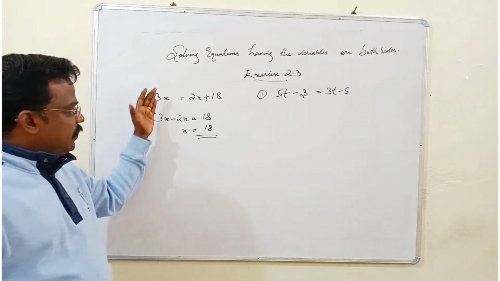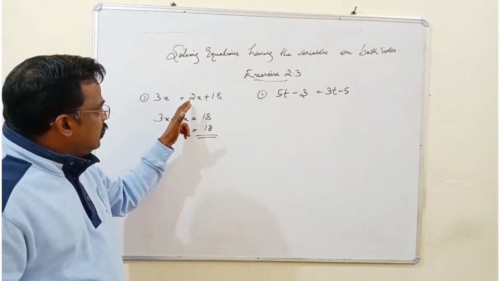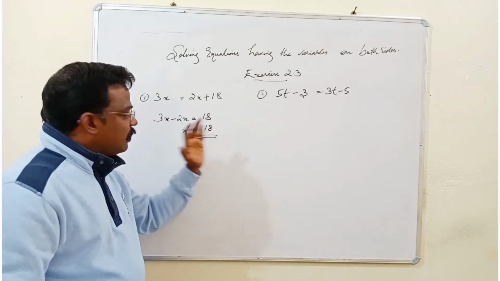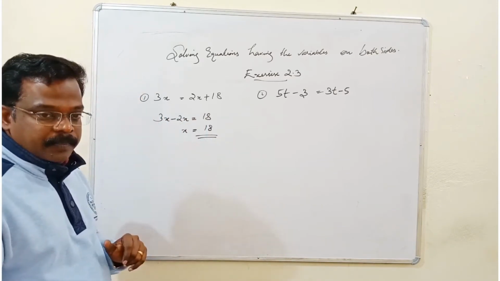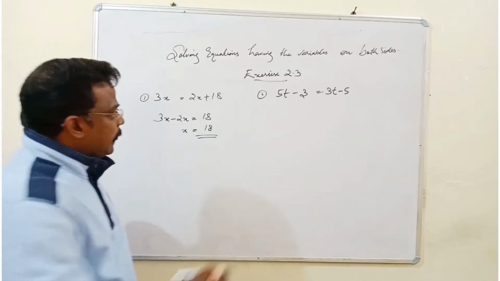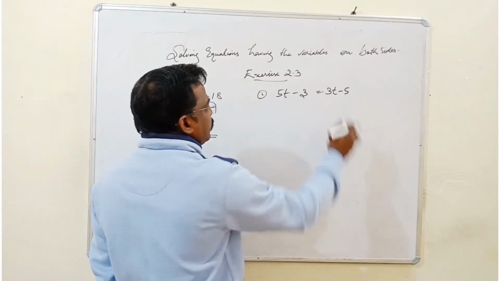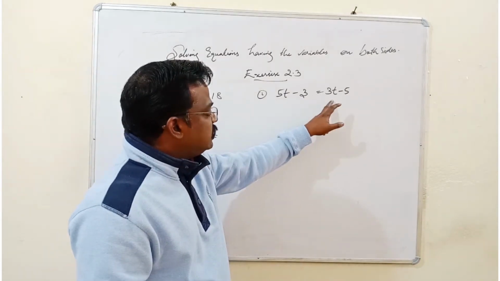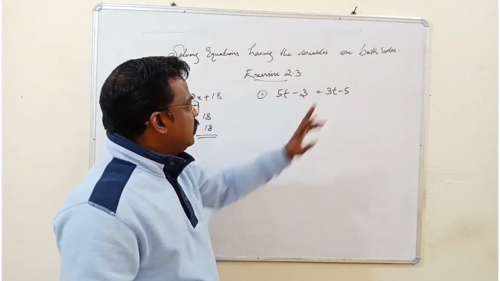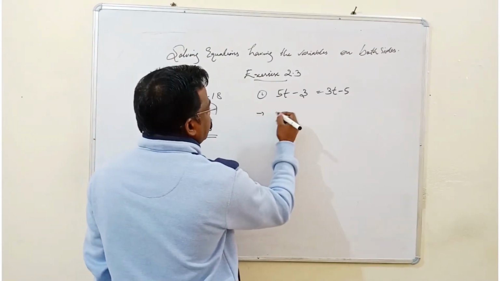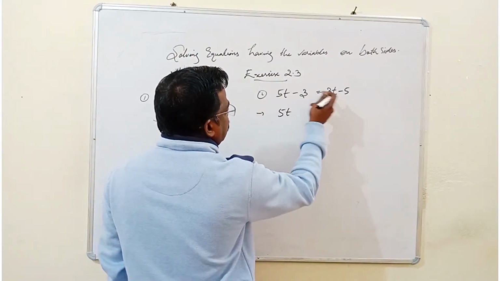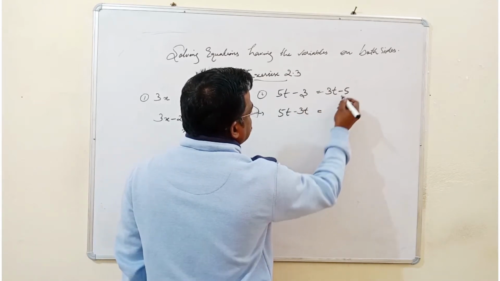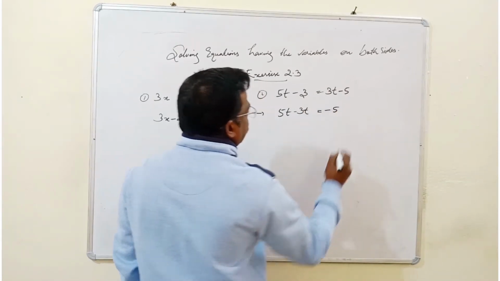A simple way to find the answer is by bringing the x terms together and keeping the whole numbers on one side and solving that. See the second question, same way: 5t minus 3 equals 3t minus 5. On both sides you can see the t terms, so we can bring them together. So here 5t, this 3t when it comes here becomes minus 3t, equals minus 5 is already there.